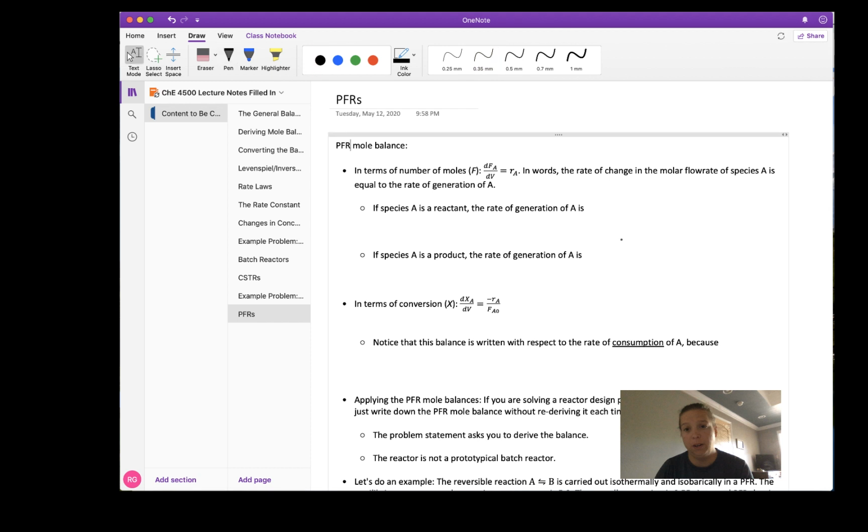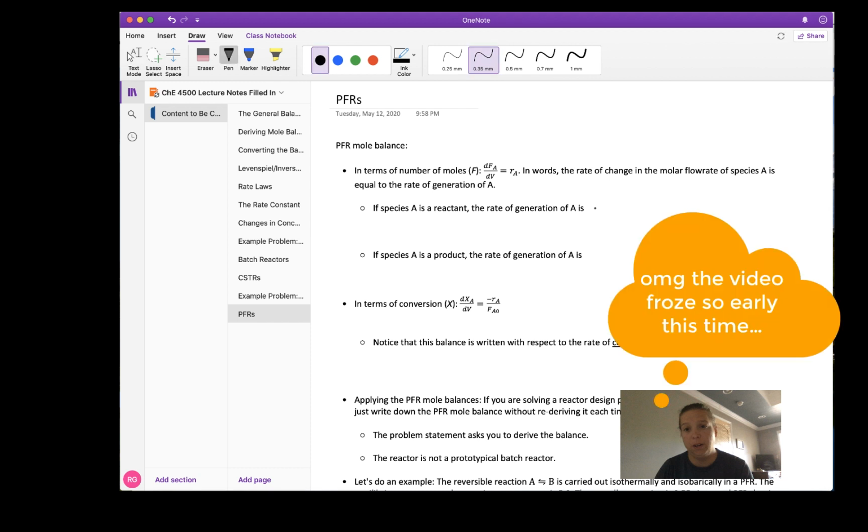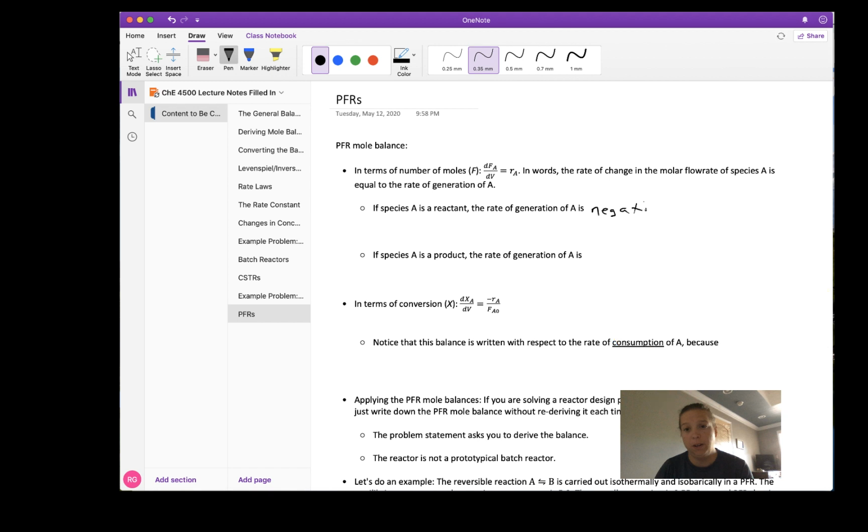If species A is a reactant, then we know that the rate of generation of A is negative, and therefore FA decreases down the reactor volume. Since the rate of change of the flow rate of A with respect to reactor volume is negative in that case, it's going to decrease with reactor volume.